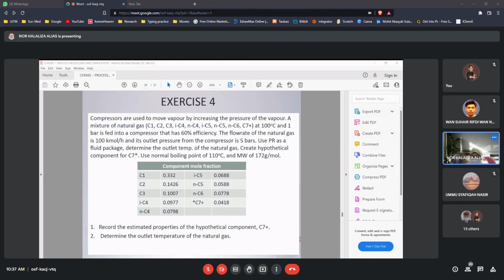Okay, saya add. Katakanlah case macam ni you tersilap masuk component list. Macam ni nak buat, you go to hexanal, and then you remove. Dia tak share screen ni lagi.